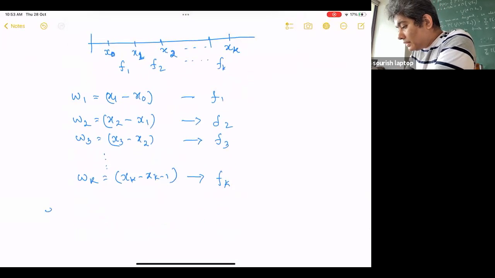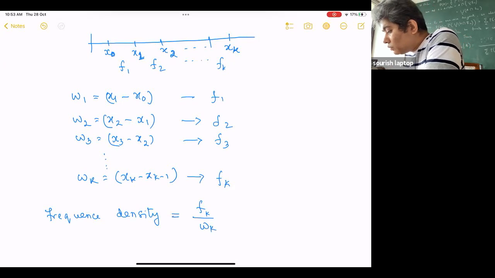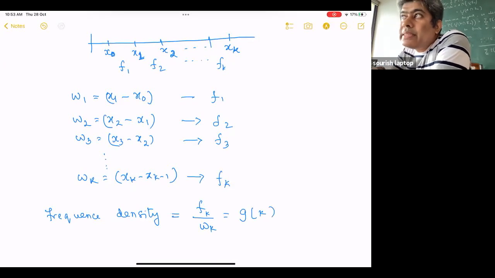Now frequency density is effectively fk by Wk. That is what we call frequency density: frequency divided by its width.